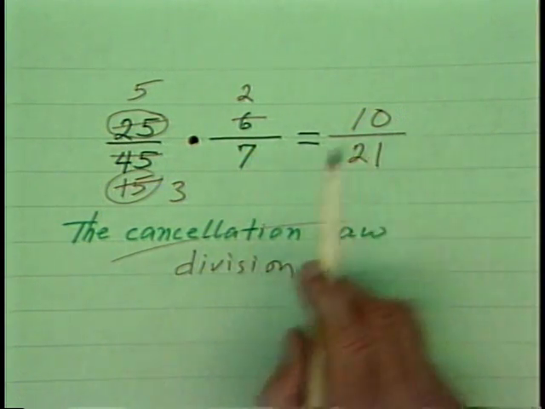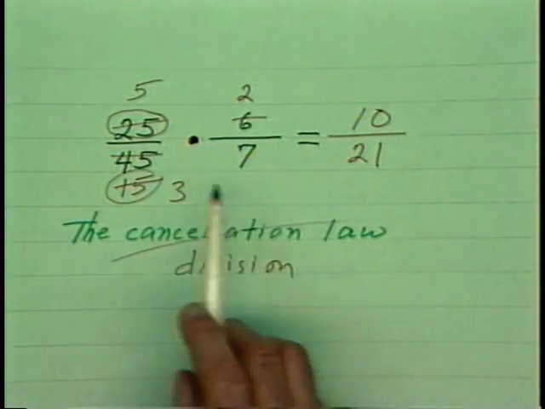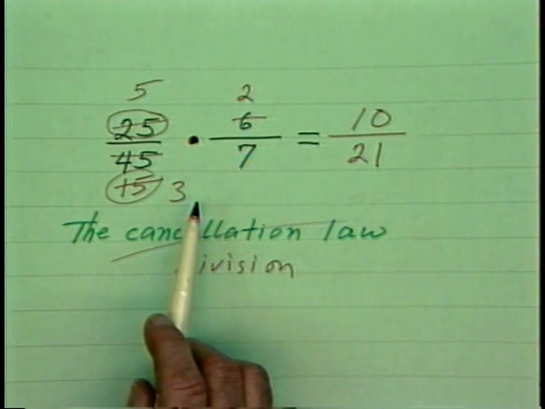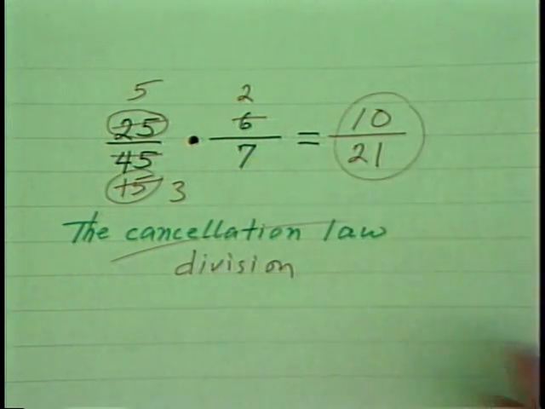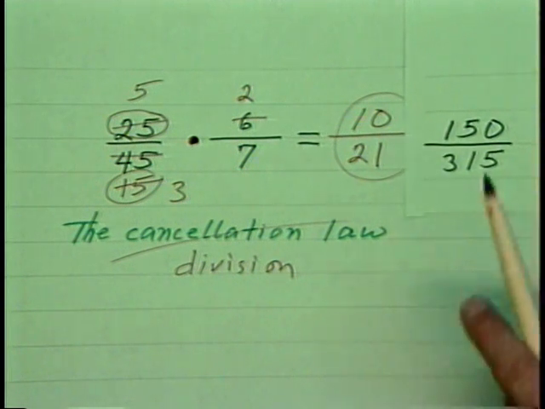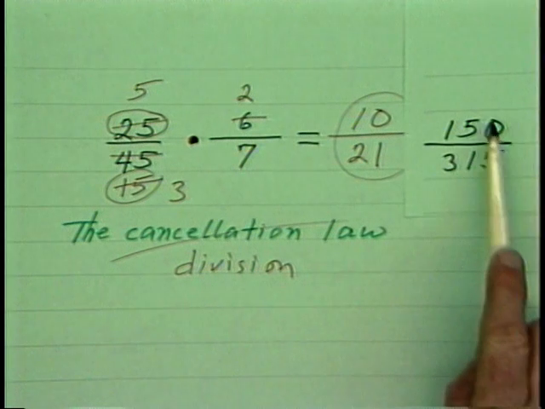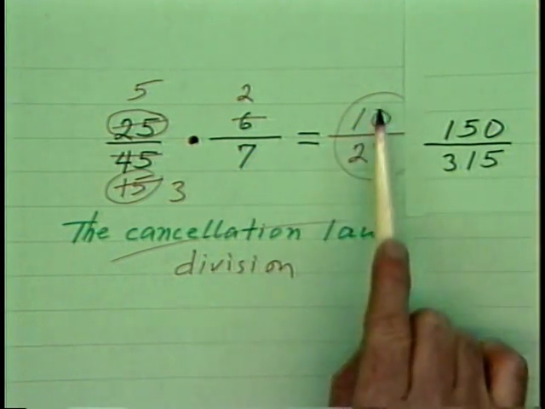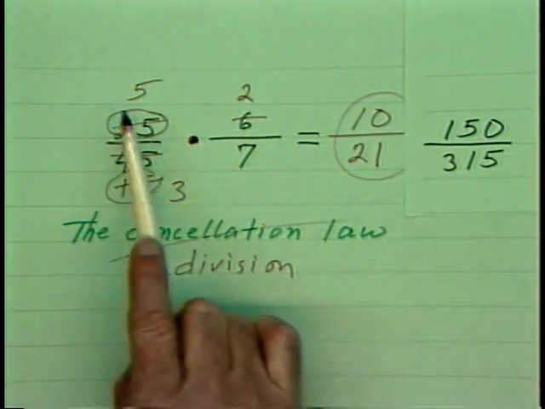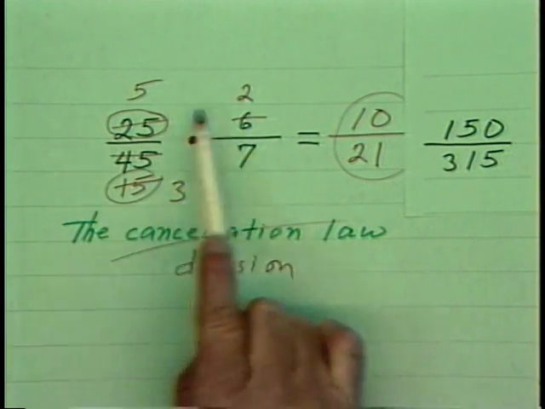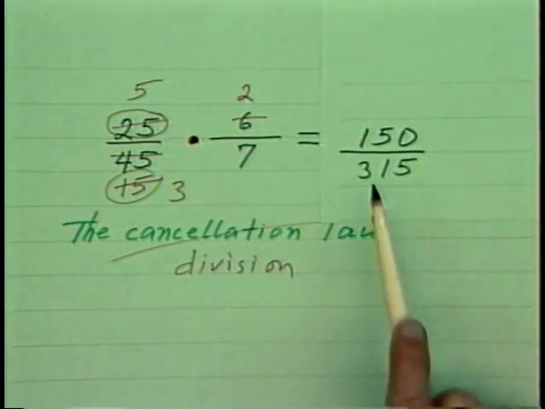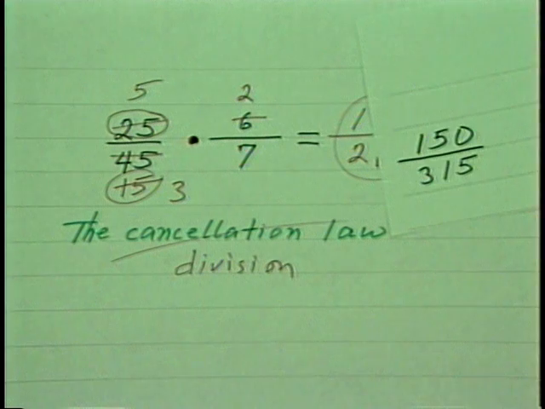And at this point, if we've done all the possible up-down divisions here, our answer is in reduced form, which means that our 150 315ths, which we got in the first place, is reducible to 10/21. But it's easier to reduce here in pieces than it is here in the totality.